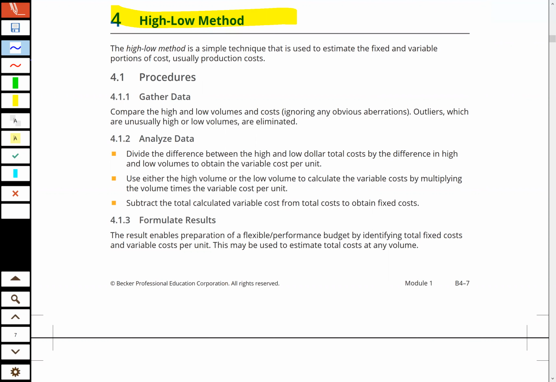Okay, so let's say that the HiLo method is a simple technique used to estimate the fixed and variable portions of cost, usually production cost. As I said, it is probably something that's going to be used internally. It is a very simple, basic way to come up with a prediction of cost.